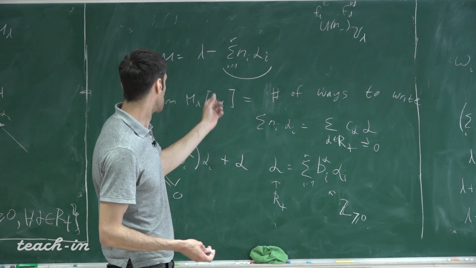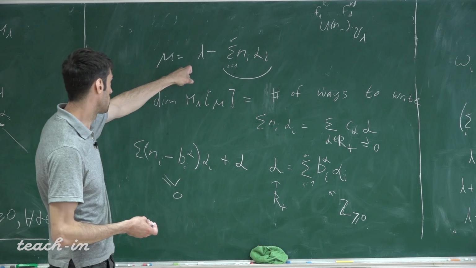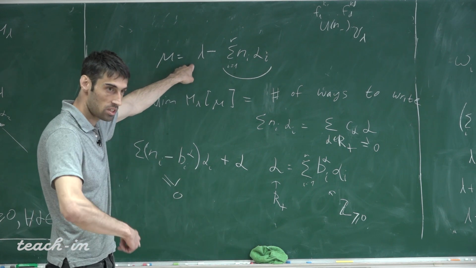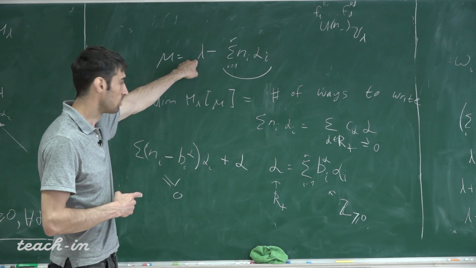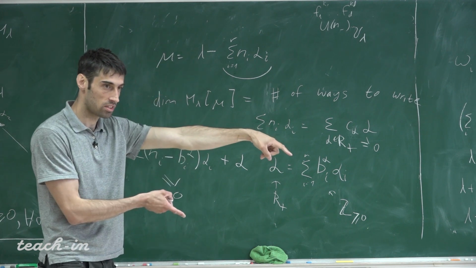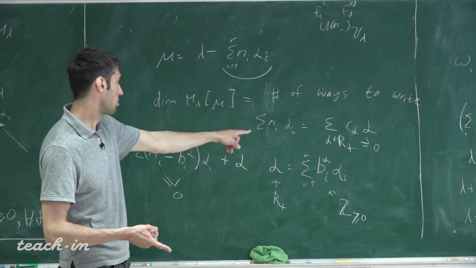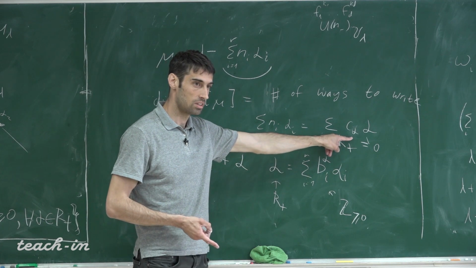Okay? So that's how we count these paths as well, right? You take lambda and apply these f's, and that's exactly the number of ways to write it like that.